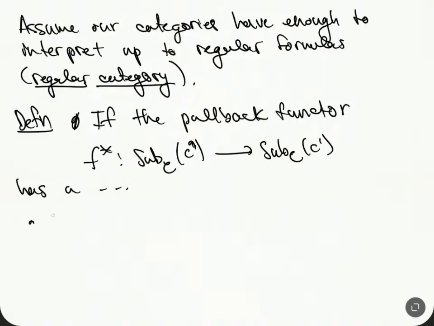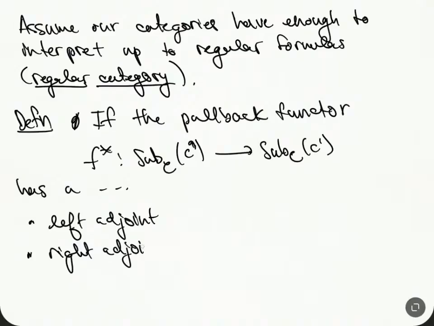So left adjoint, let's say right adjoint. So the left adjoint we're going to call like this. So this is from sub. Not A, but I should say has left adjoints.